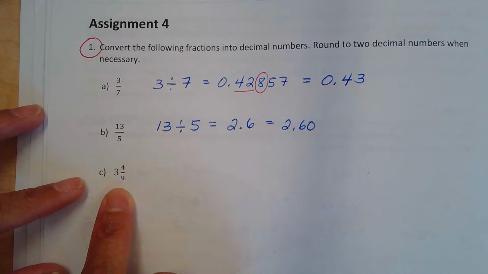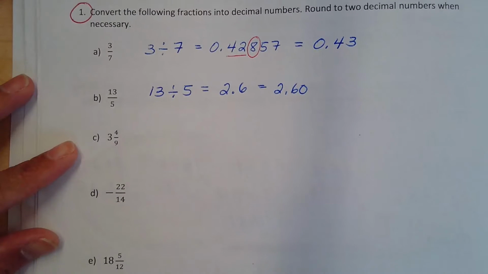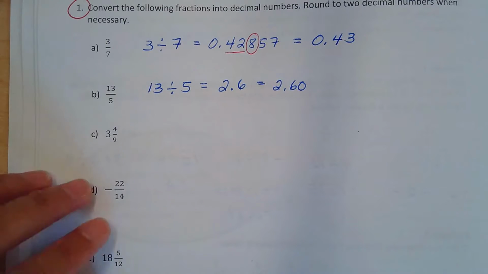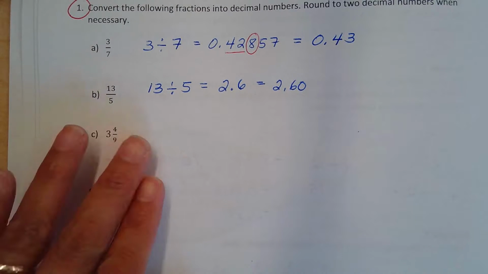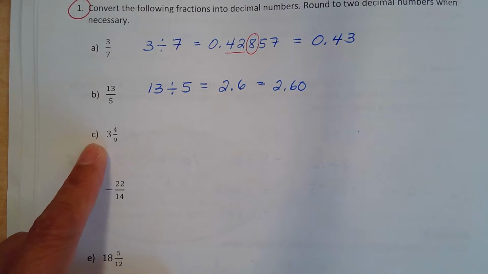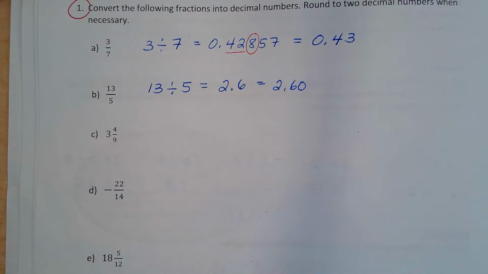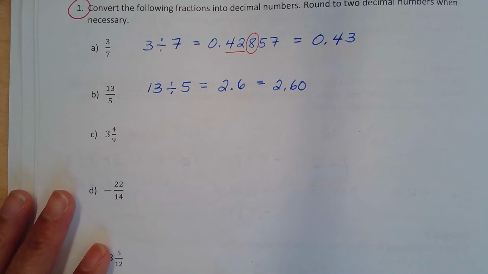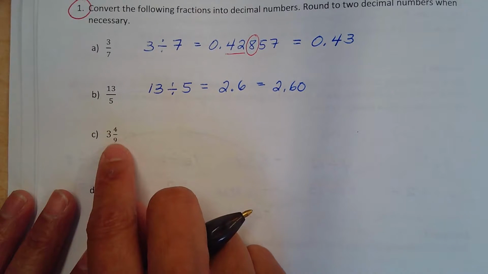Let's take a look at number 1C. It says here, when you have the numbers 3 and 4 ninths, what is this called again? You get a whole number and a little bit, so it's called a mixed number or mixed fraction. So how do we do this? This is going to be slightly different.